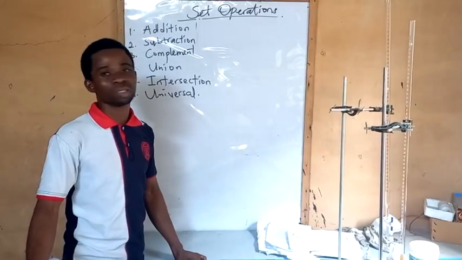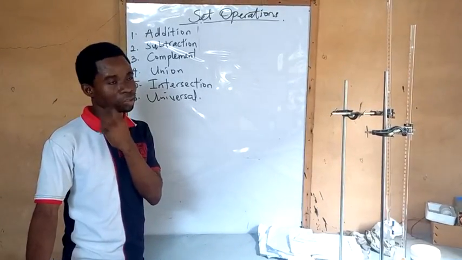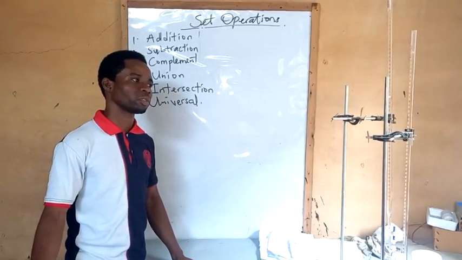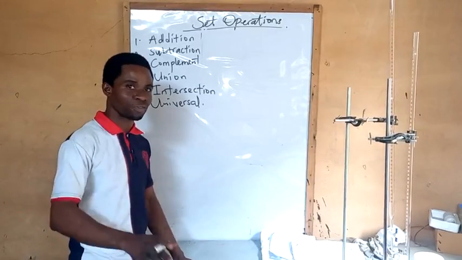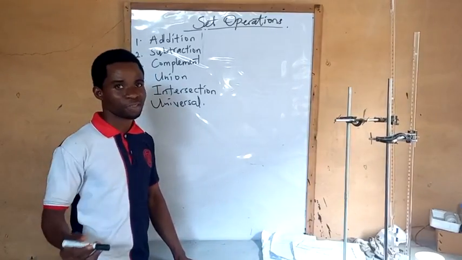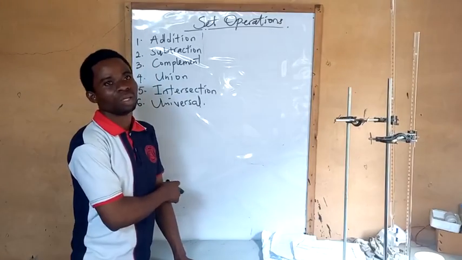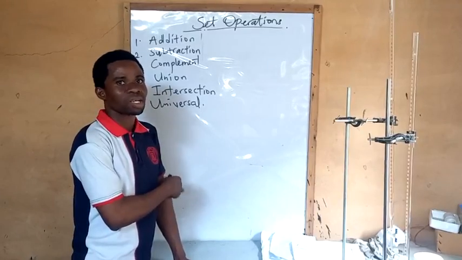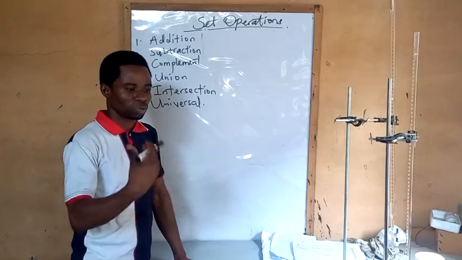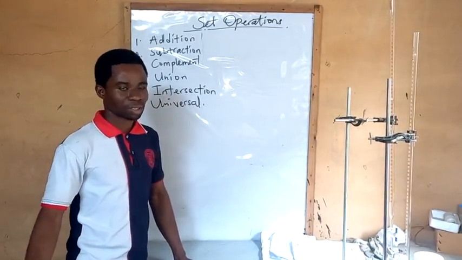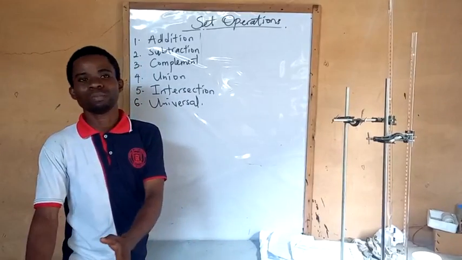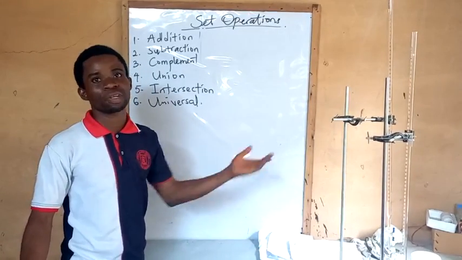We have the infinite set, we have finite and infinite. When we say infinite, it has no end, like natural numbers. And we have the finite set, the one that has an end, like the months of the year.